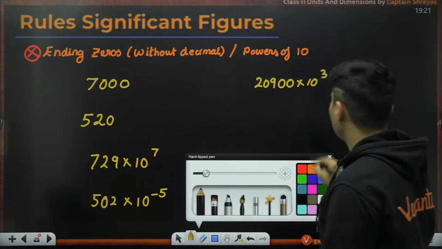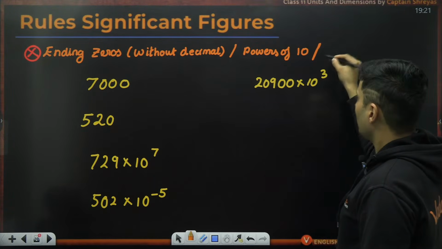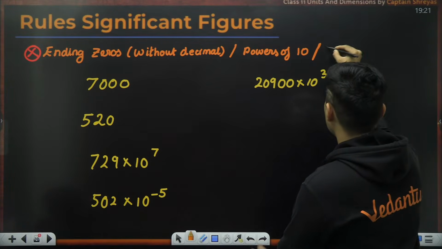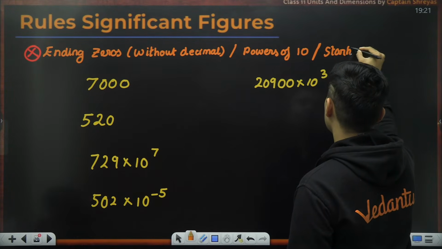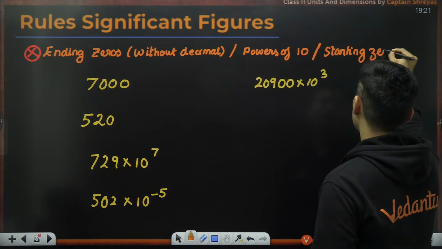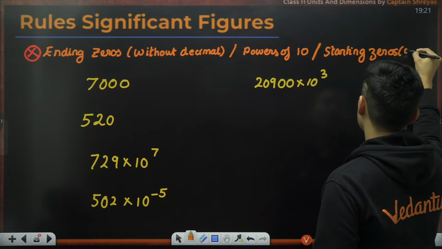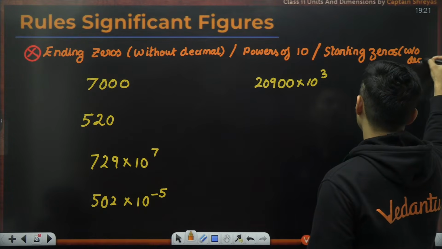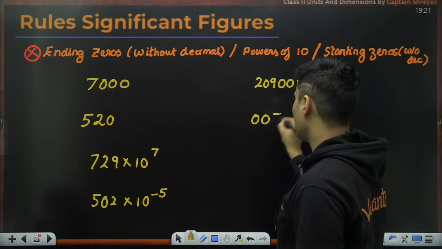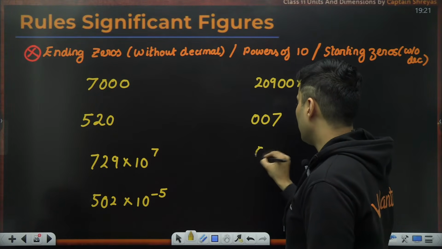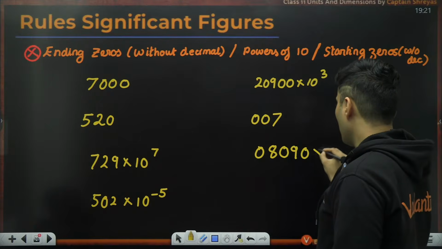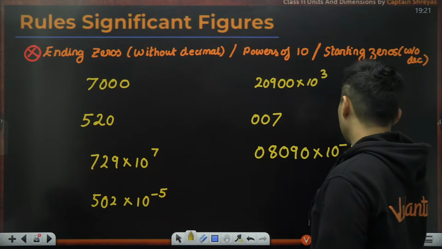In fact, not just this, even the starting zeros, again without any decimal place, are also insignificant. Let's take 007, the Bond number, or 08090 into 10 to the power minus 5.